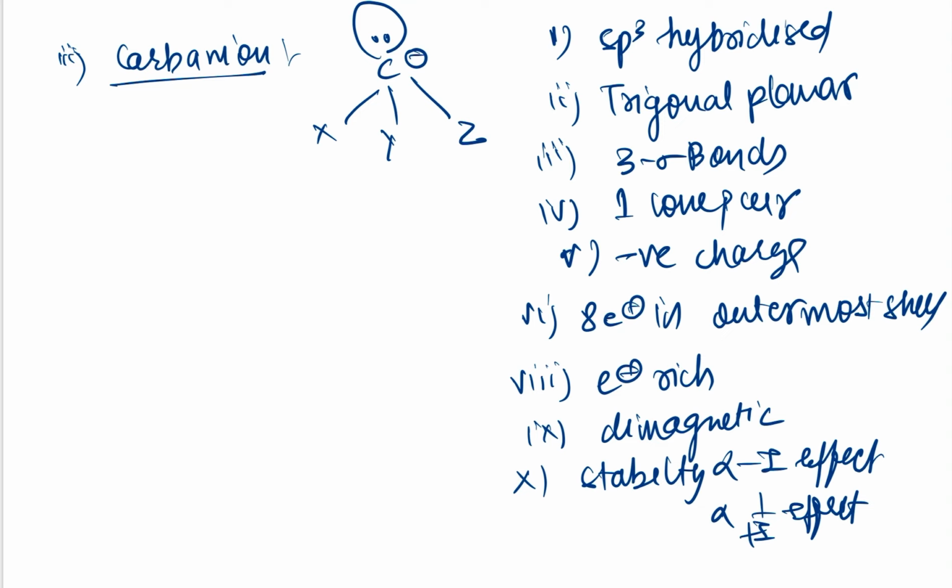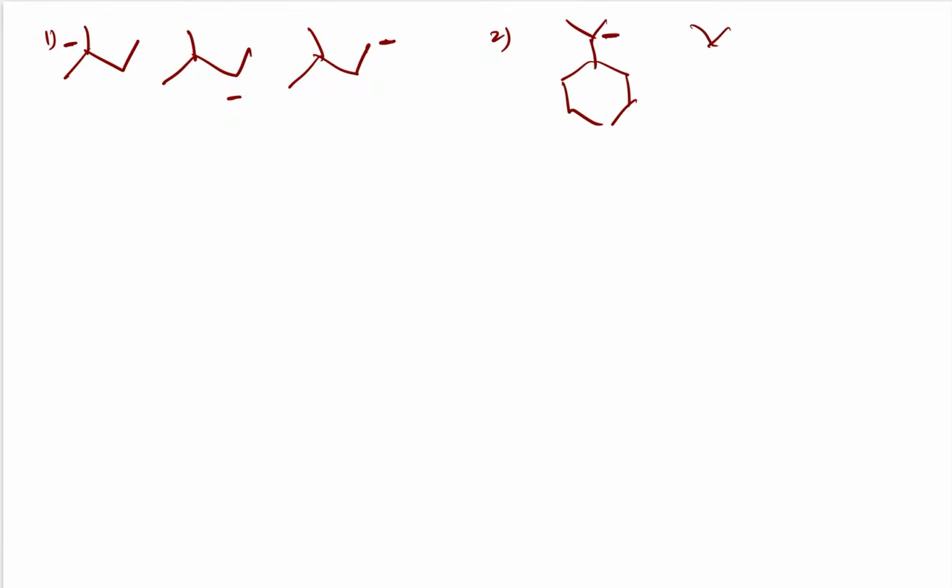Let's write the questions here. We have the first problem: here we have a negative charge, here a negative charge, and here a negative charge. Second problem: here we have a negative charge, and here a negative charge.